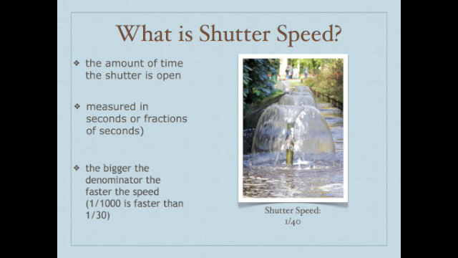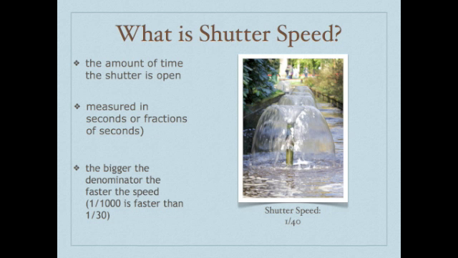Okay, so what is shutter speed? Well, in film photography, it was the length of time that the film was exposed to the scene that we were photographing. And in digital photography, it's not much different, except the shutter speed is the length of time that our image sensor is seeing the scene that we're attempting to capture.